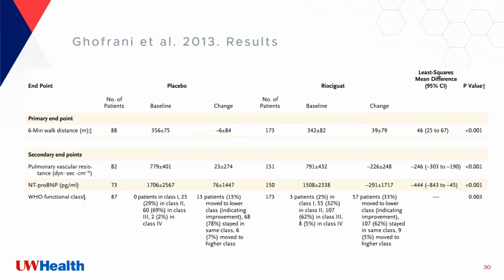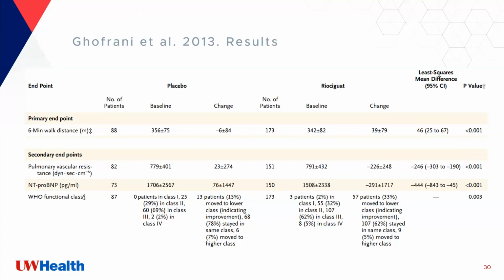When looking at secondary outcomes, it also shows that patients who were on placebo had a 23-point worsening in their pulmonary vascular resistance, whereas in riociguat patients, they had a 226-point improvement. Both of these were statistically significant.